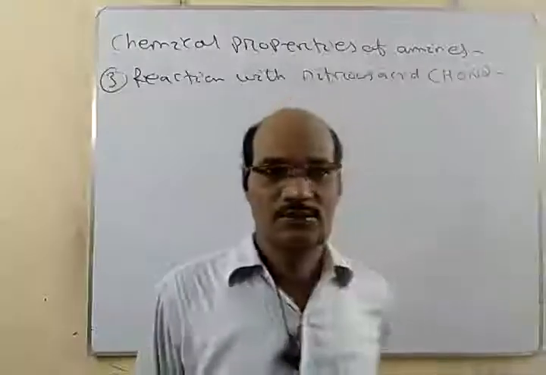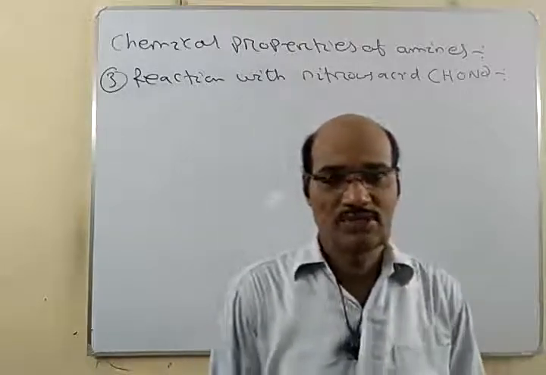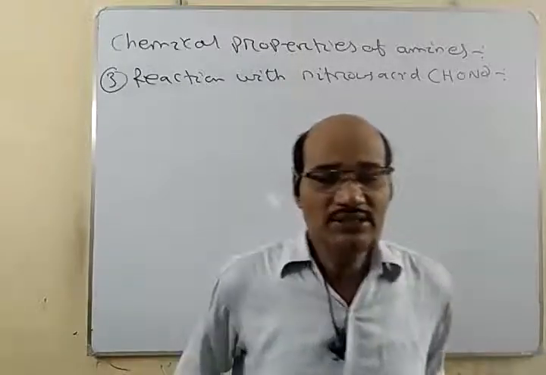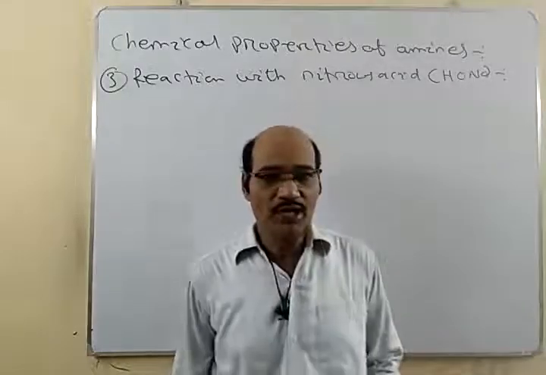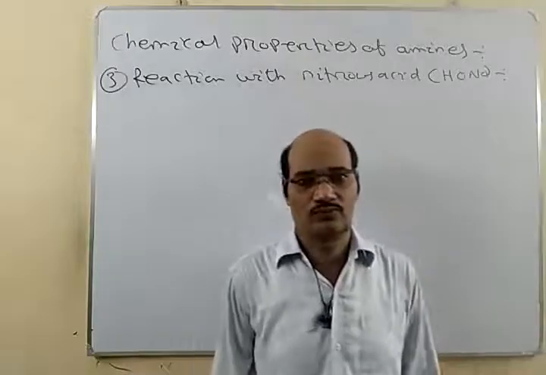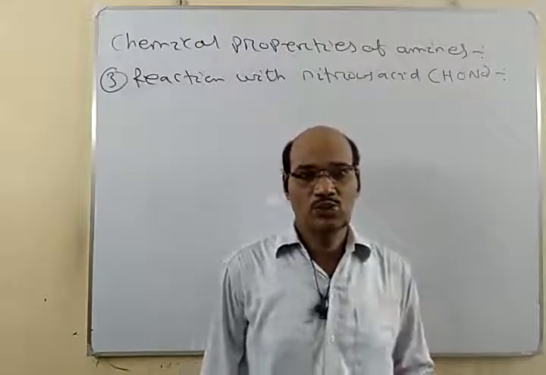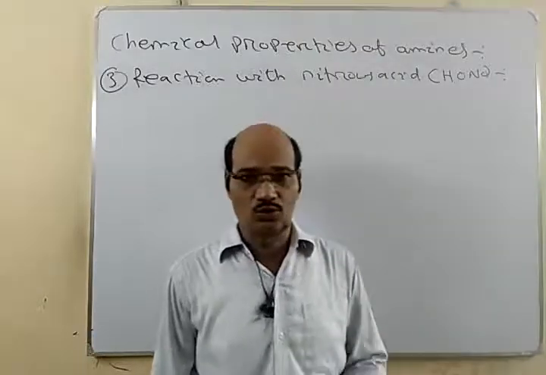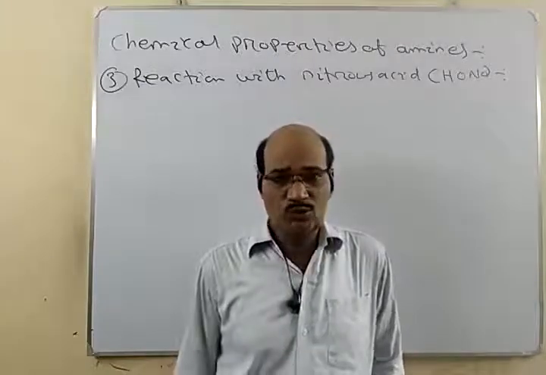Okay, so next is the reaction with nitrous acid. See, nitrous acid HNO2 is unstable, so we prepare this nitrous acid in situ by taking NaNO2 and HCl. Whenever we need HNO2, we cannot directly take HNO2 because it's unstable.